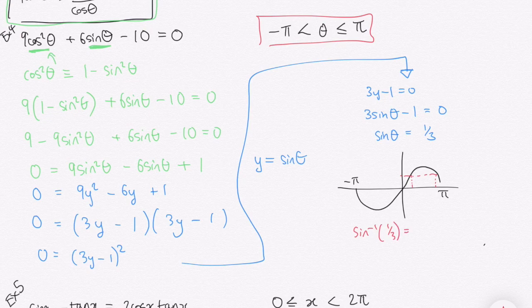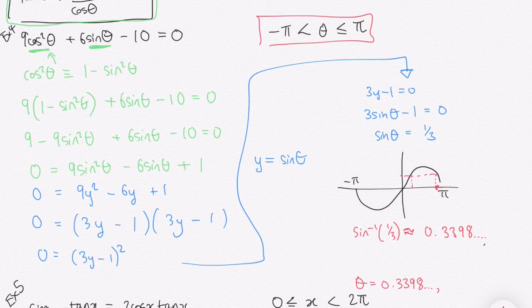So on our calculator, making sure it's in radians mode, sine inverse of a third is approximately 0.3398 radians. So that is one of our values of theta, 0.3398.